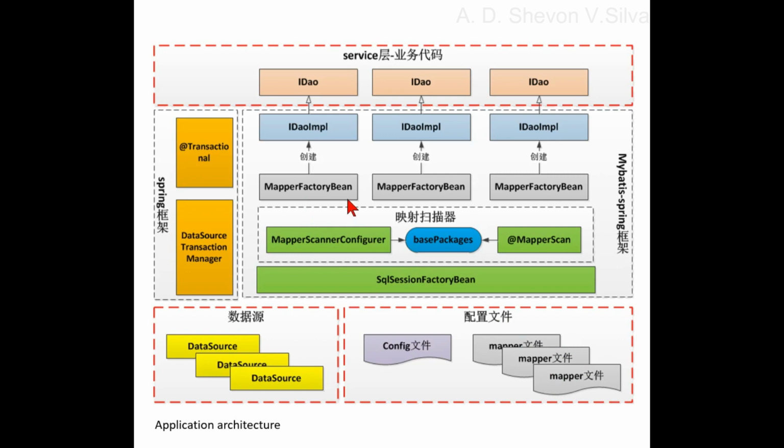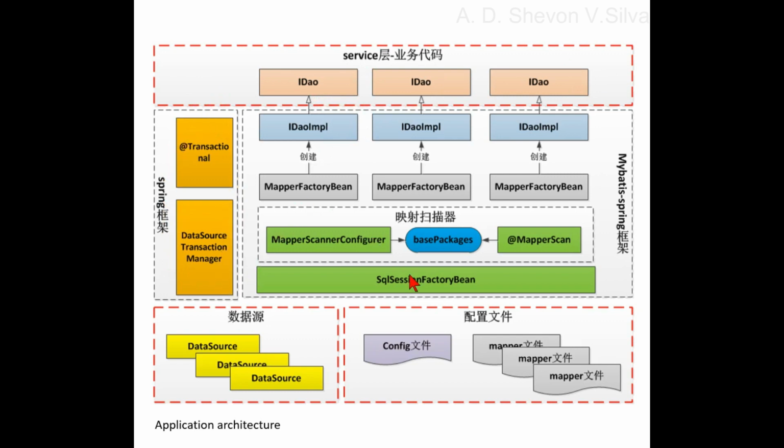Here you can see the MapperFactoryBean is connected to the IDAO IMPL, and IDAO IMPL is connected to IDAO. IDAO are in service. Here transactional and data source transaction manager are in Spring.